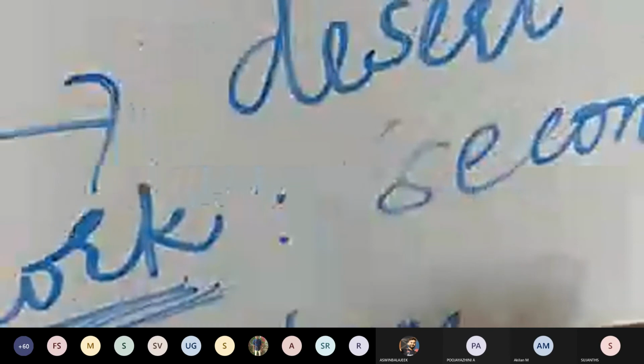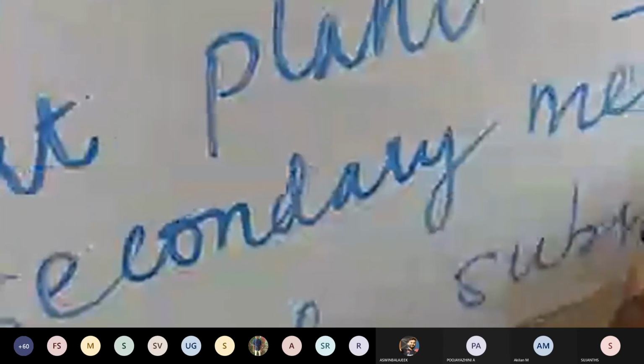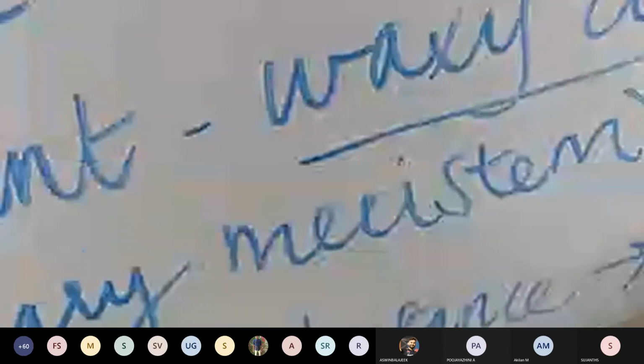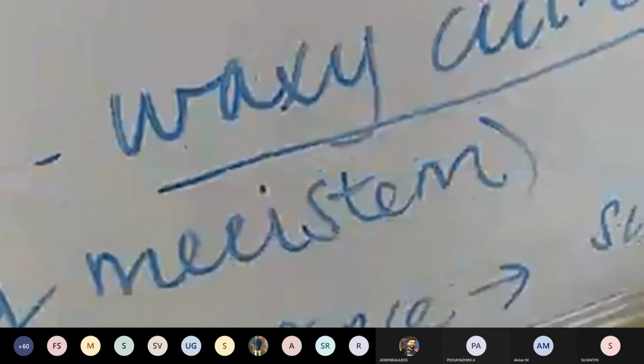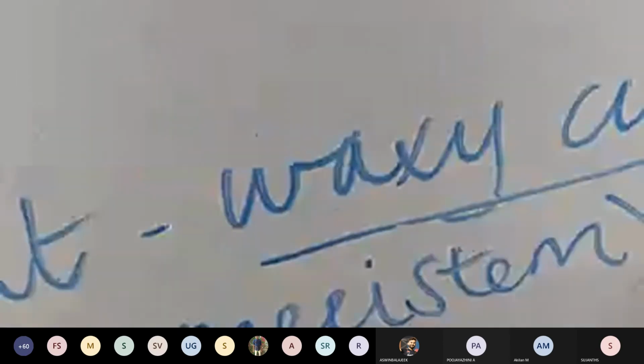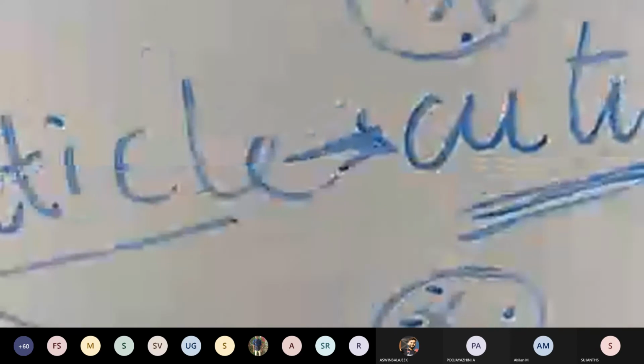They are made up of a special type of chemical substance named suberin. Cork is made up of this important chemical substance called suberin. So the simple protective tissue is cork.